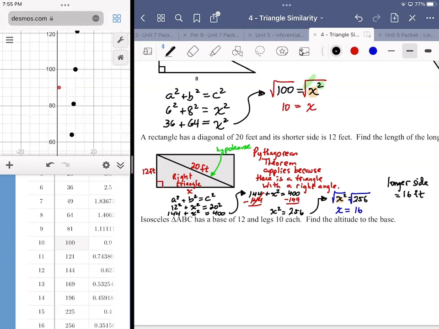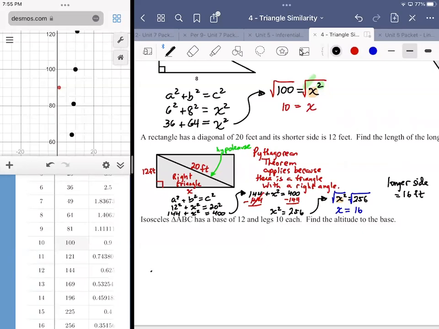We started reincorporating more terminology. Isosceles triangle ABC, and you've got to think about what isosceles means. Base of 12 and legs of 10 each. Find the altitude to the base. Right, so let me talk to you about the structure of an isosceles triangle.